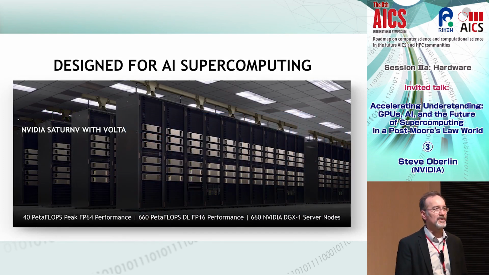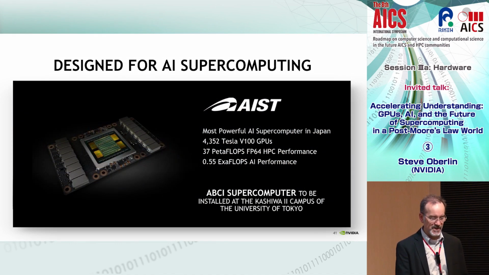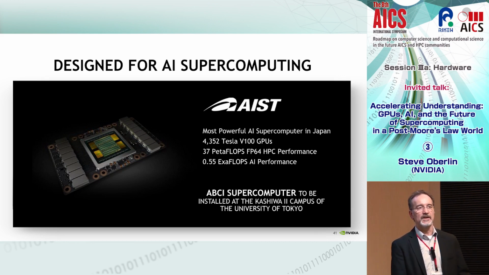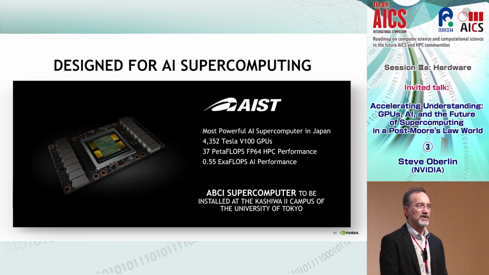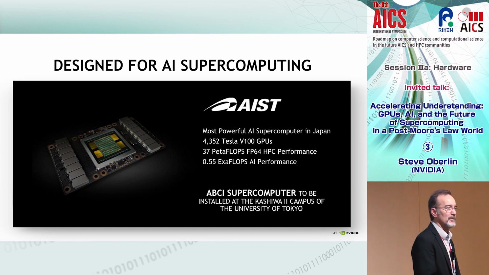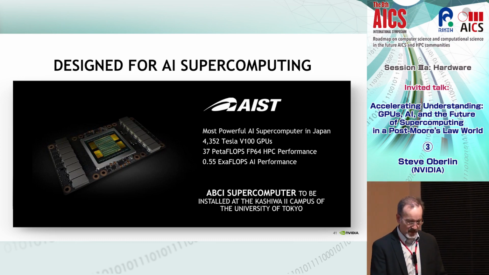NVIDIA, of course, because of all the things that we're doing in the deep learning world, we're building our own supercomputers out of our DGX. The ABCI supercomputer that's being installed is the first supercomputer procurement that I've seen that actually included deep learning benchmarks in the benchmarking criteria for the procurement.